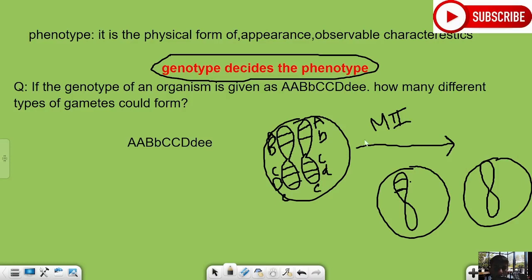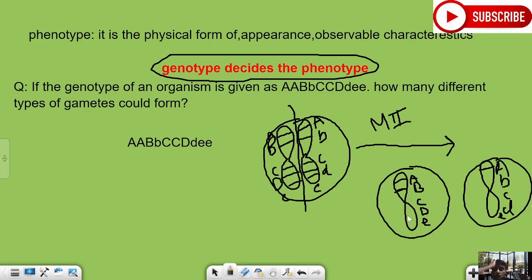So here the cell will be divided, right? In this cell, capital A, capital B is there, right? And capital C, capital D, capital E. And in this cell, it will be capital A, small b, C, D, and E.